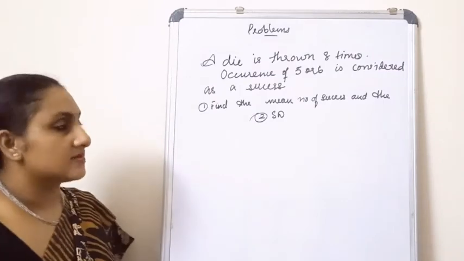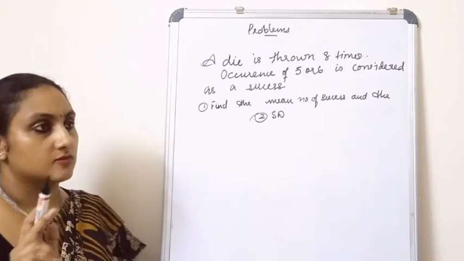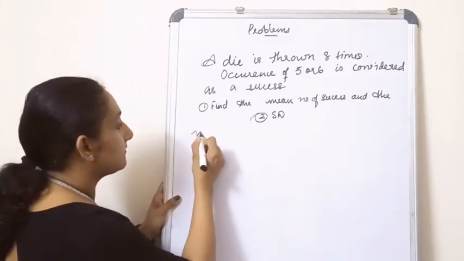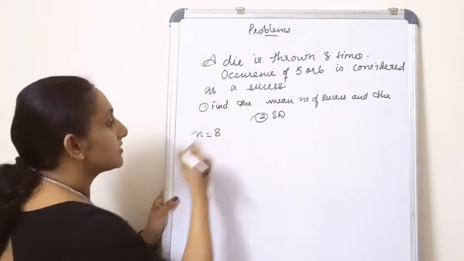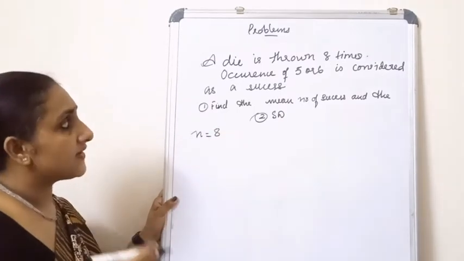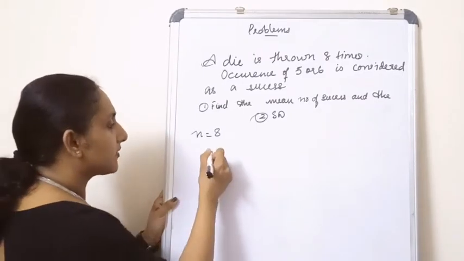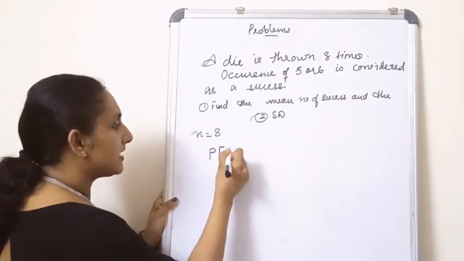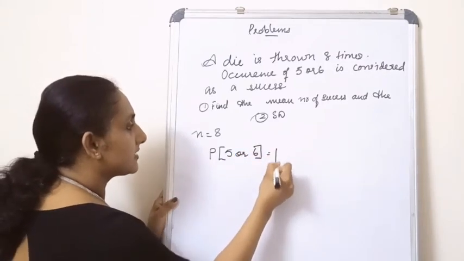Now, let's break down this question. It is said that a die is thrown 8 times, so from the question, n is equal to 8. Occurrence of 5 or 6 is considered as a success, so you can write the probability of getting 5 or 6 and denote it by small p.